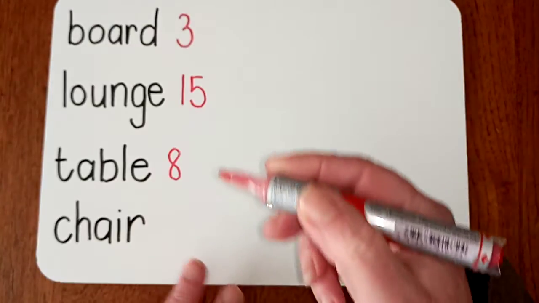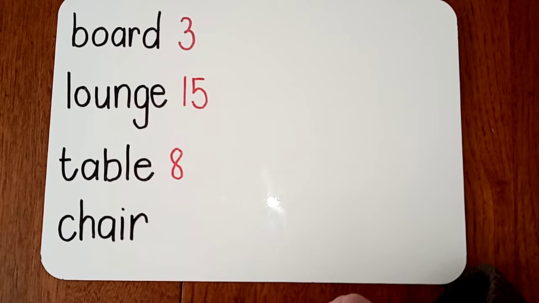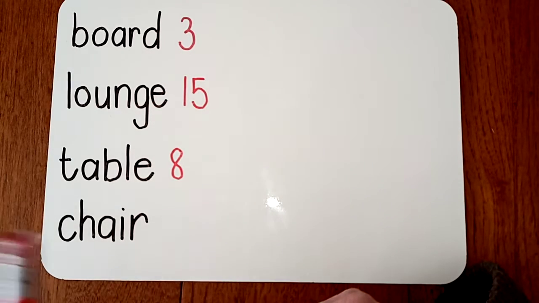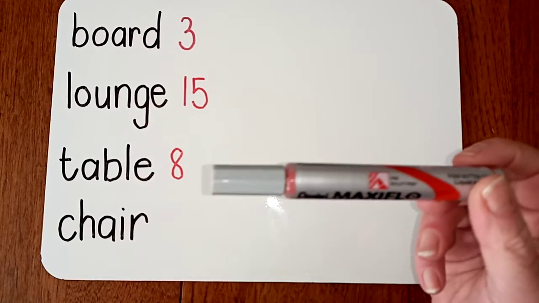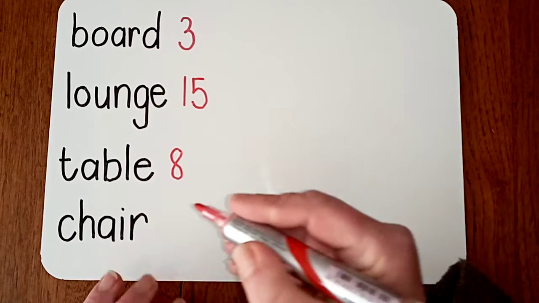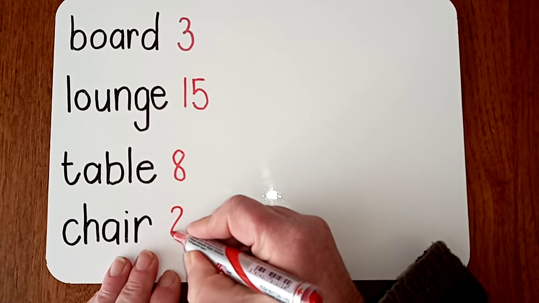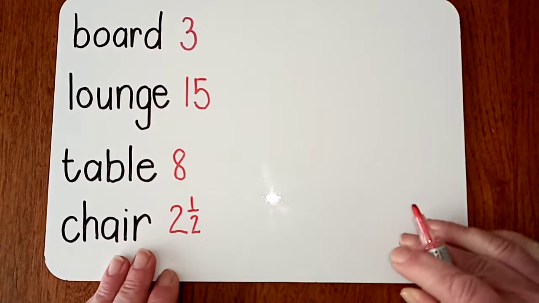So 8 hands going across. And then the last one, I had to measure the chair that I'm sitting on with kokies. So I used the koki, and the chair was 2.5 kokies.